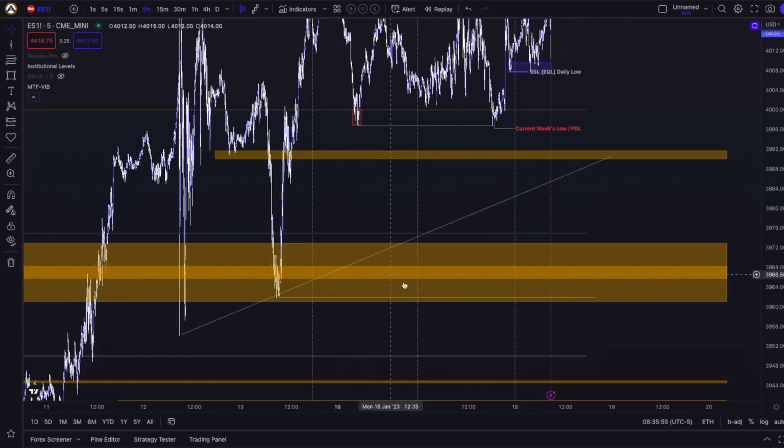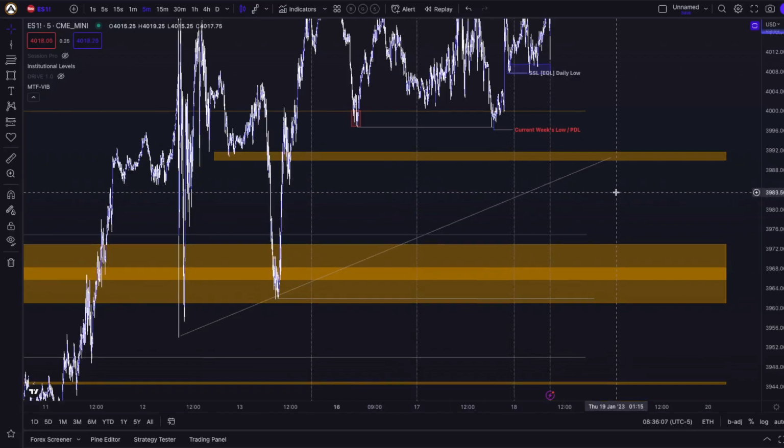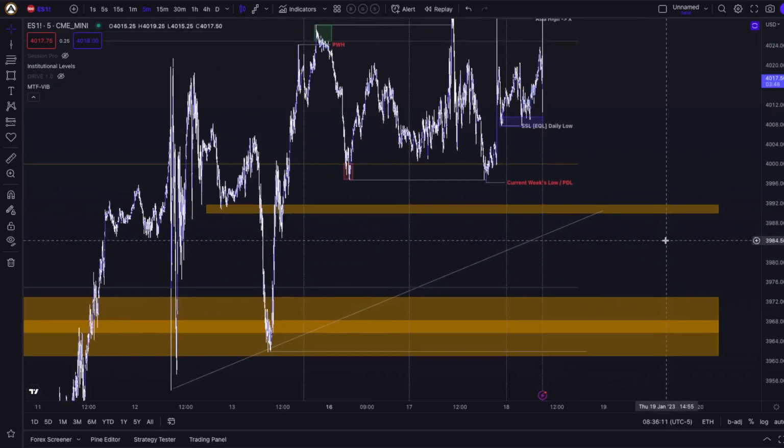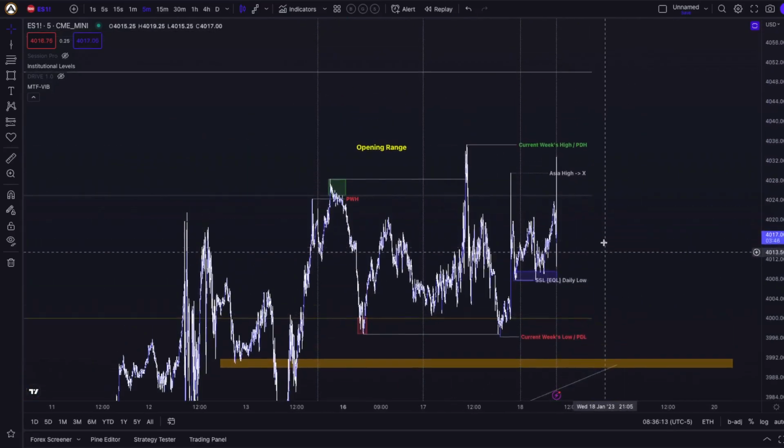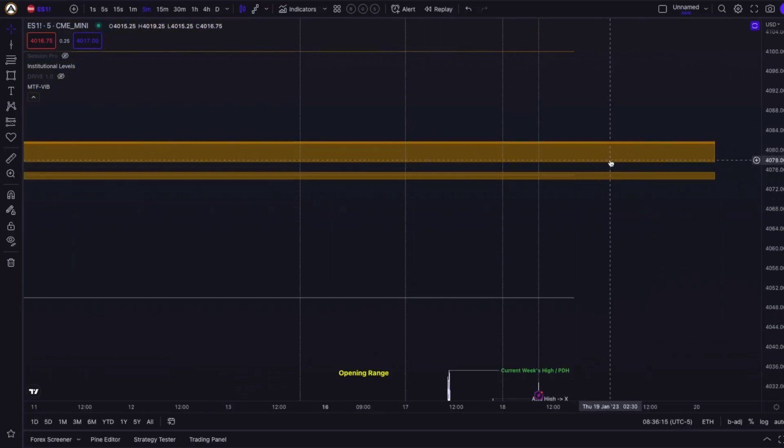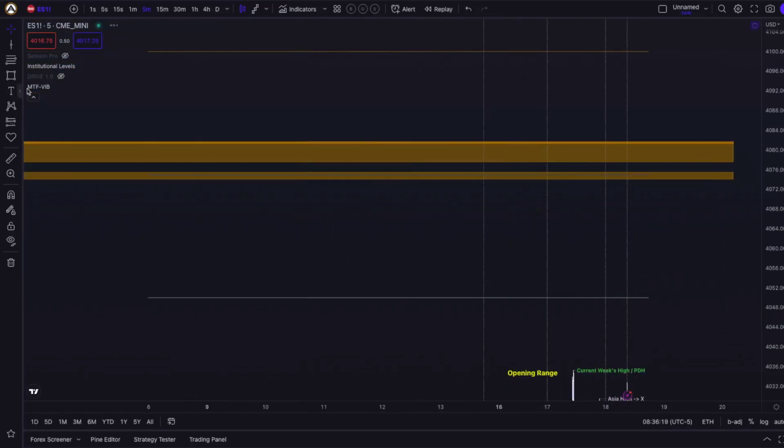We also have 2 big daily volume imbalances inside right at the level of 3,973 and 3,961. So the narrative is definitely there to take out the sell side liquidity below here, fill this daily volume imbalance, because the next daily volume imbalance would be right at 40.75, somewhere around that level.